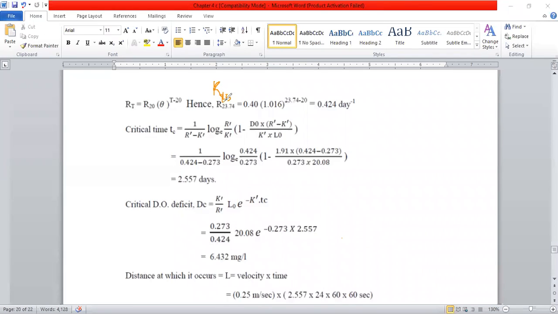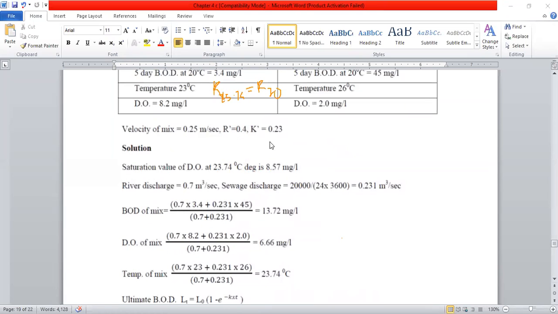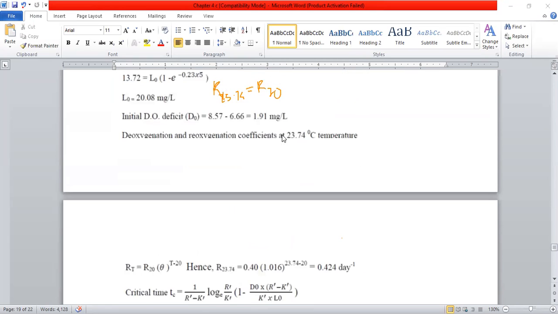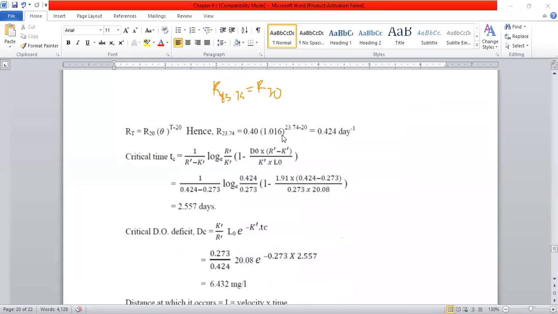I'm not able to write with this tool. K 23.74 is equal to K20. What is the value of K20? The value of K20 will be as it is given above. It is given above, no? It is given 0.20, sorry, 0.23. So you can take the value as 0.23 into bracket theta raised to T minus 20.